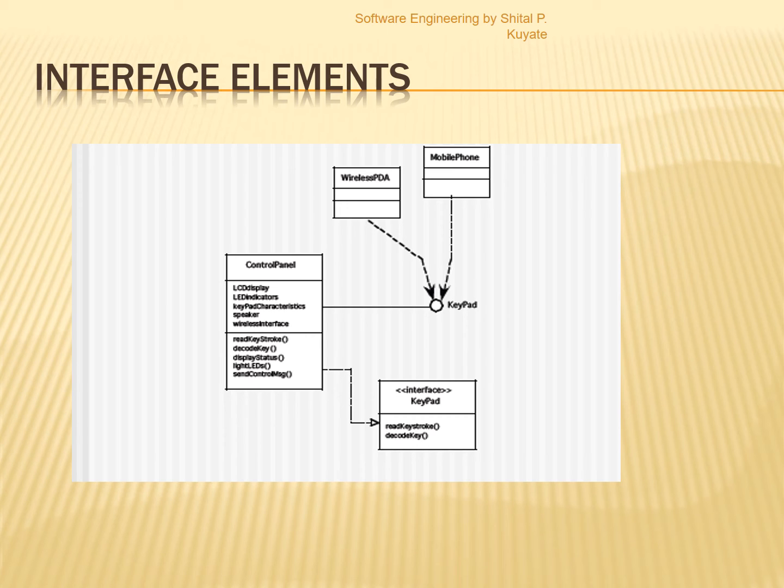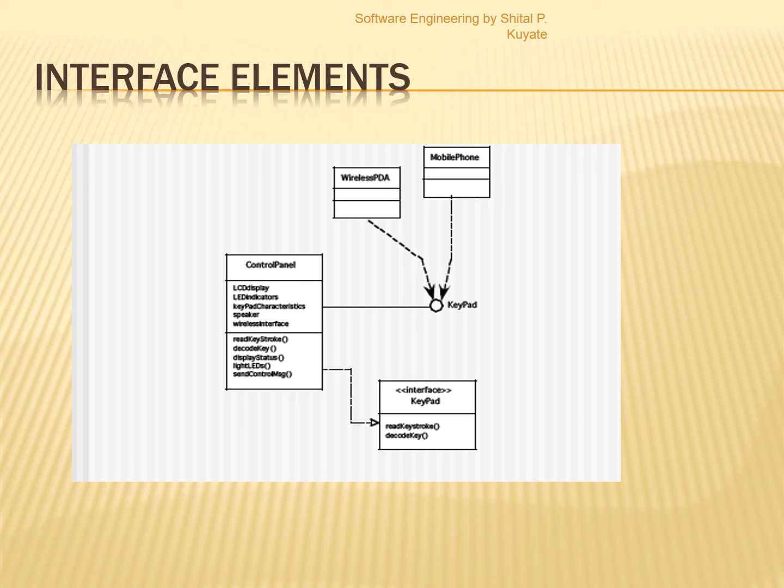And one more thing that is very important: the interface keypad gives you one kind of contract. With the help of that contract you can access the things. For that purpose you have to follow some rules and regulations of that interface.